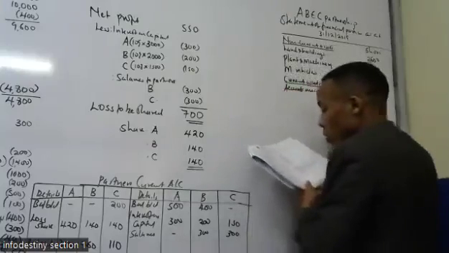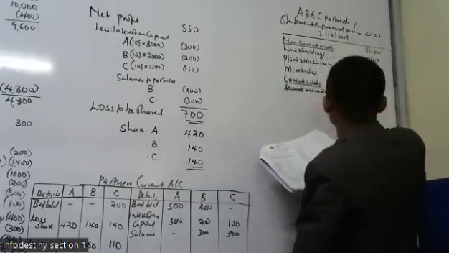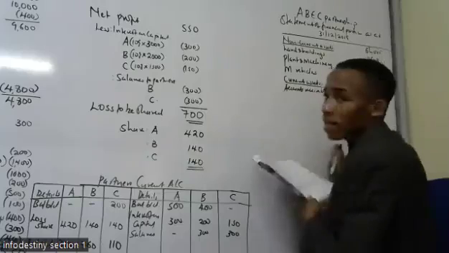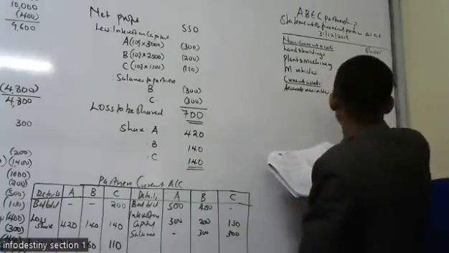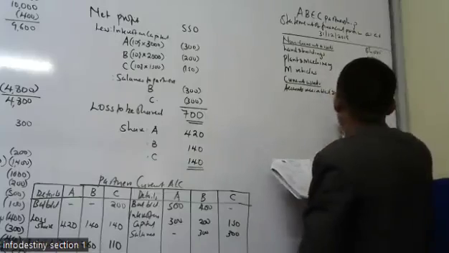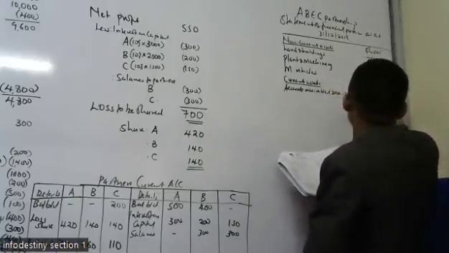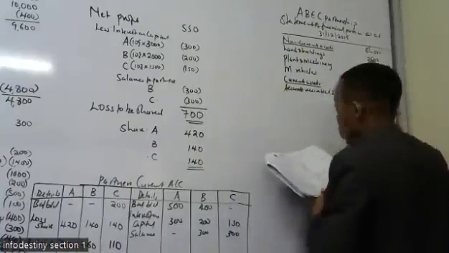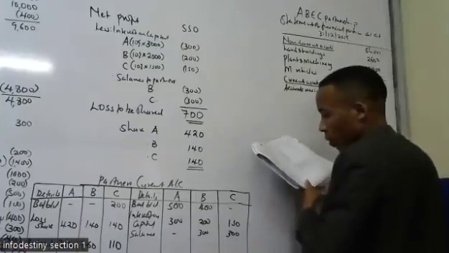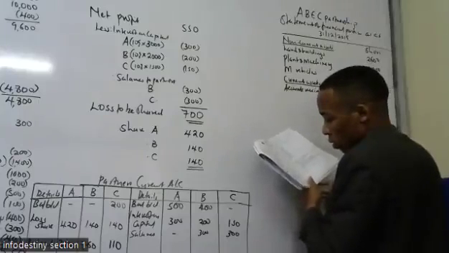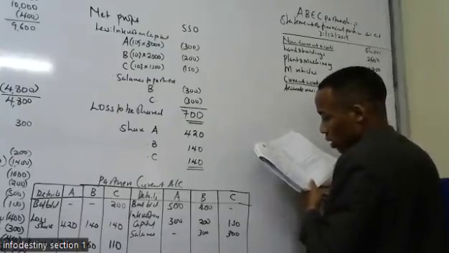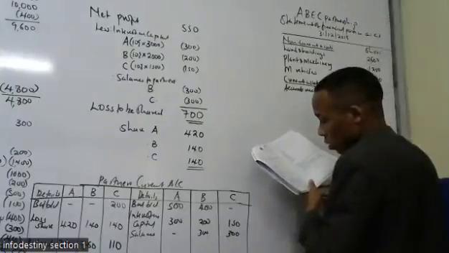For the accounts receivable, the 2,000, we minus the allowance for doubtful debts which we calculated of 200. So we remain with 1,800. No, account receivable is 800.